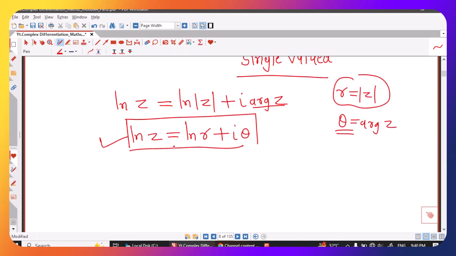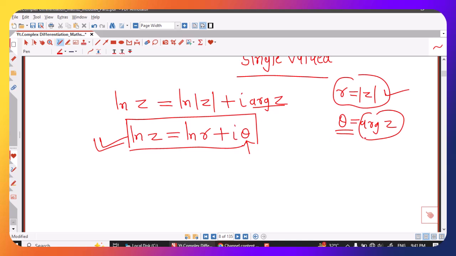Now we know that this argument of z has an infinite number of possible values. Therefore this function is an infinitely valued function, or multi-valued complex function. So we cannot talk about its analyticity. This r is a unique number, but this multi-valued function depends upon the argument of the complex number.